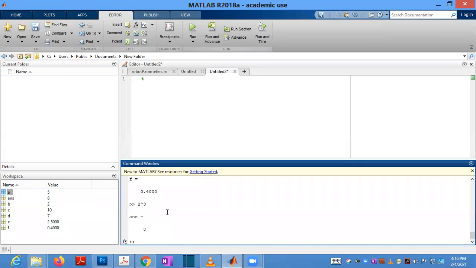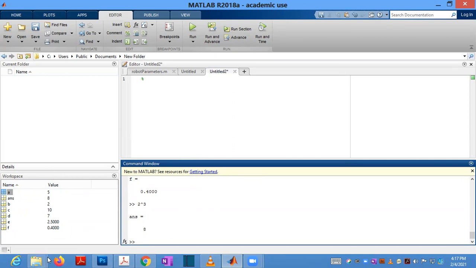So if you have MATLAB, you can try all the things now itself. If there is any doubt, you can ask. So are you doing it or not? Yes, sir, we're doing it.